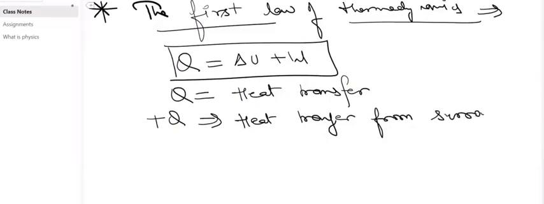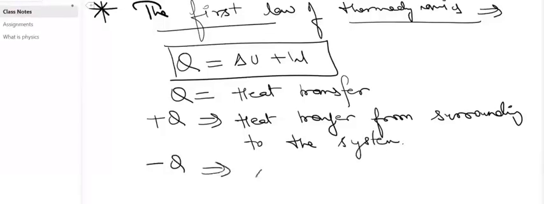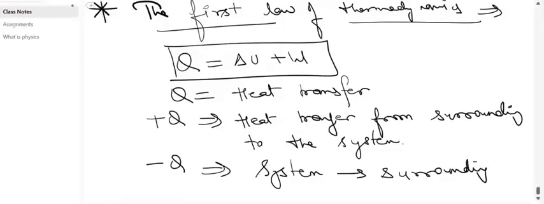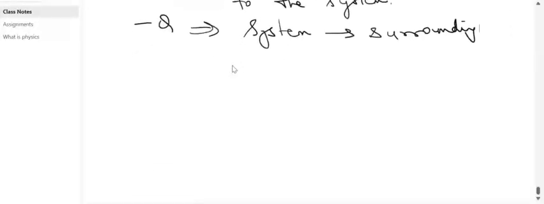I told you, plus and minus, on the system and by the system. So heat is transferred to the system. And if heat is going from the system to the surrounding, then you will write it as minus Q. Any doubts?